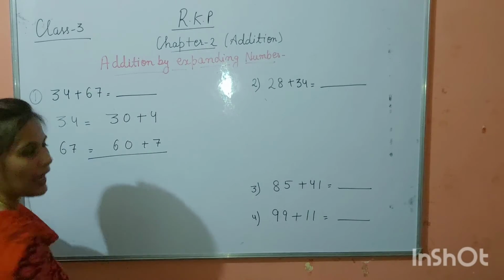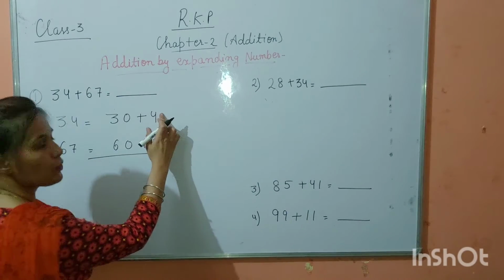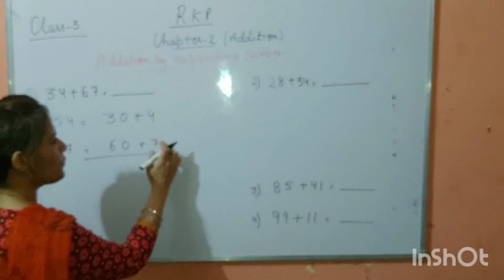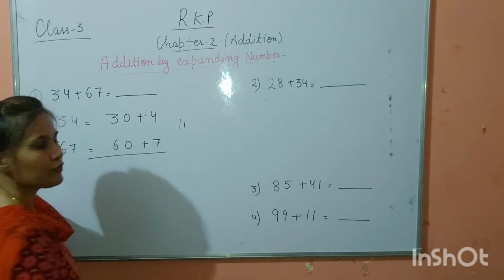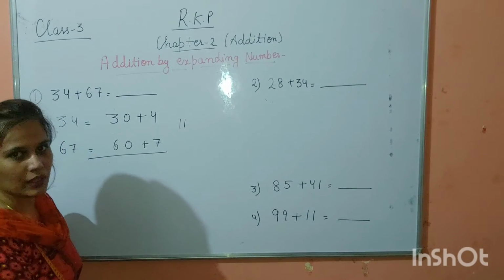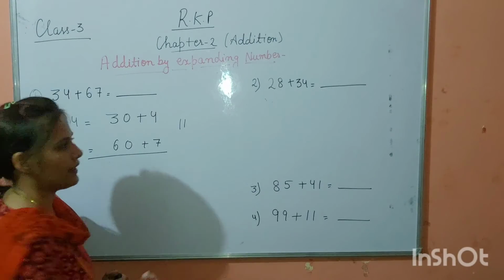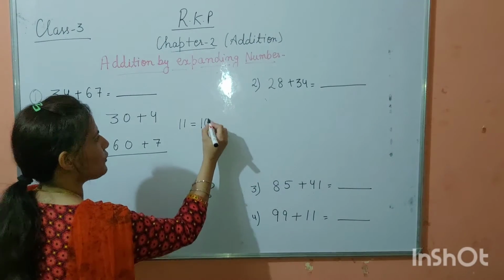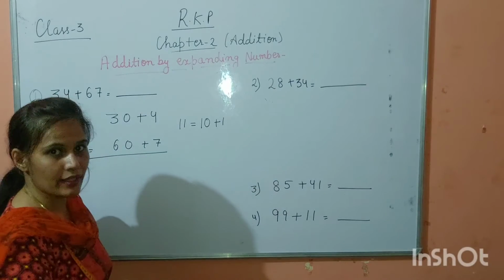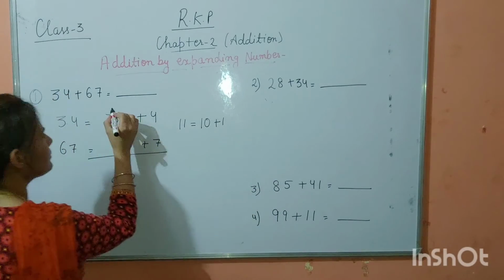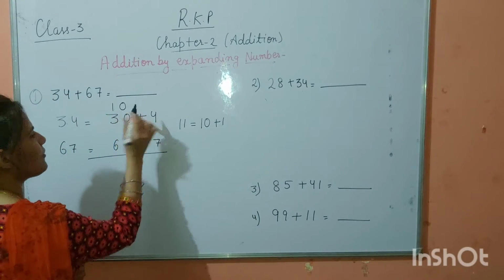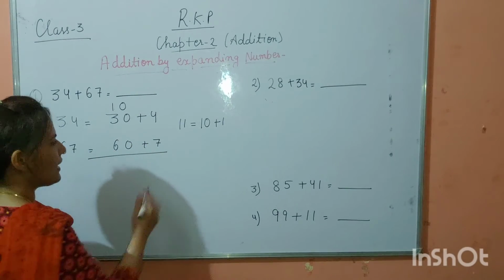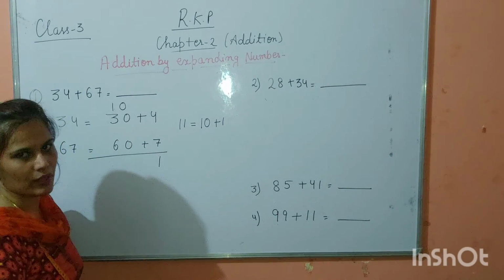Okay. When you add it, start addition from the 1's place. 2 plus 4, 6. If you get a 2-digit number, then you will again expand it. If you expand it, what will you get? 10 plus 1. Okay, 10 will come in tens place and 1 will come at ones place.